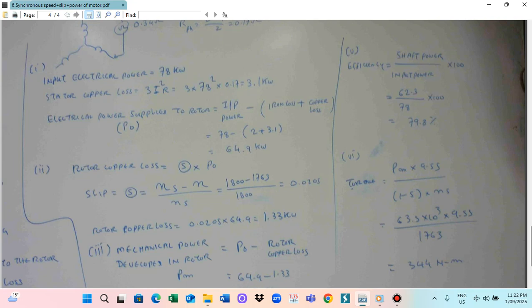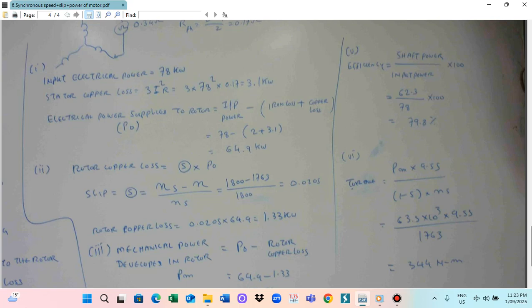Shaft power is 62.3 kilowatt and input power is 78, multiplied by 100. Then we calculate this as 79.8%.